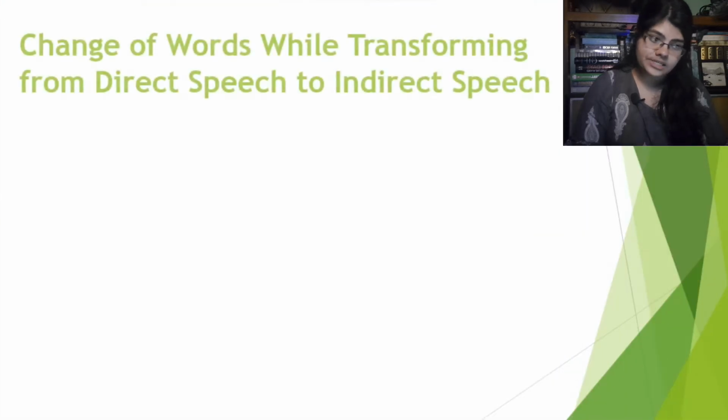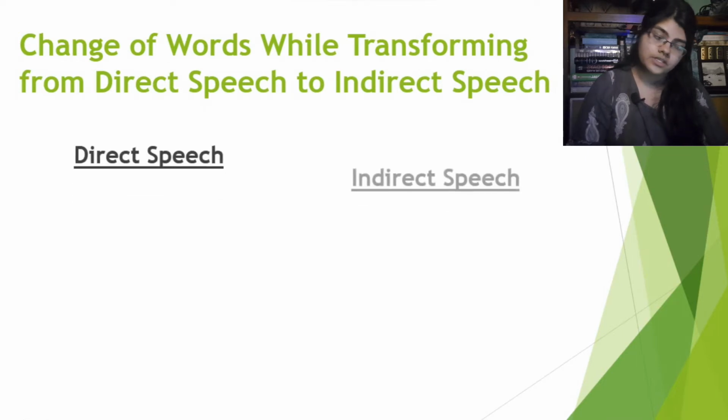Now what I said earlier, change of words while transforming from direct speech into indirect speech. What I said in the last example, that there are a number of words that if they are present in the direct speech, they will get changed in the indirect speech. Now we will see what are those words. Direct speech, indirect speech.